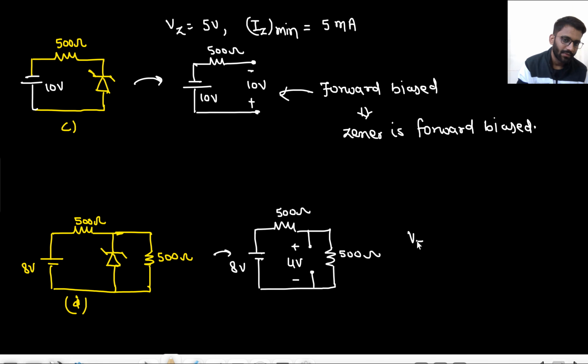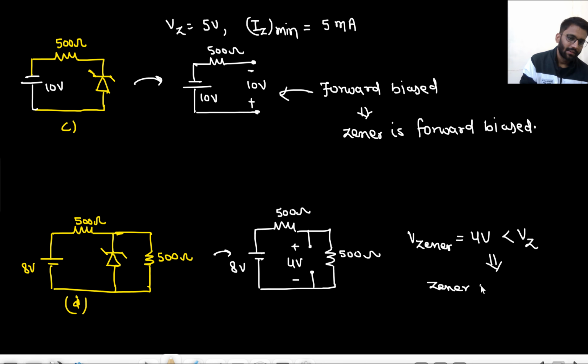So V Zener is 4 volt only, that is less than Vz. So Zener is in reverse bias, right? Although at the N side you are getting a positive value and at the P side a negative value, it is in reverse bias, not in breakdown region. Is it in reverse bias? Not in breakdown.